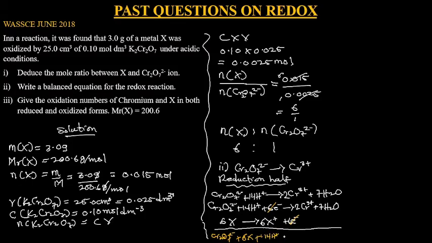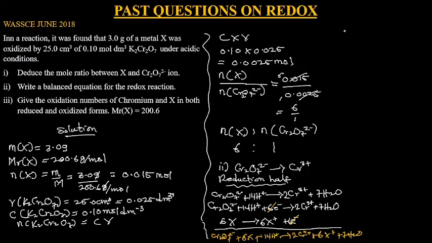And on the right, we are going to have 2Cr3+ plus 6x+ and water, 7 moles of water. Okay, so that's going to be our balanced equation.